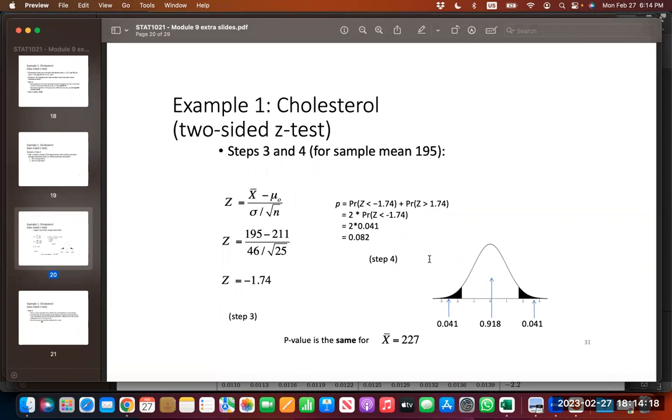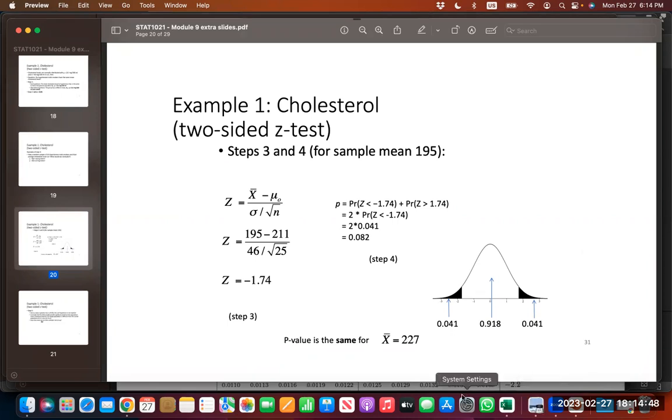Then we're standardizing it as per the standard error of the mean, which is sigma, the population standard deviation, divided by the square root of the n. So we have 195 as our sample mean, our x bar, minus 211, which is the population mean. It's not stated here, but that's what it is. Then we're dividing it by 46, the standard deviation, divided by the square root of 25, the sample size. We're getting a SET of minus 1.74.